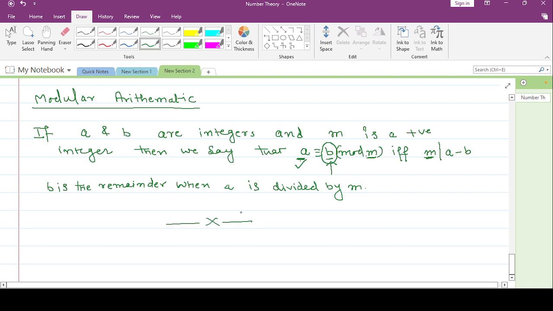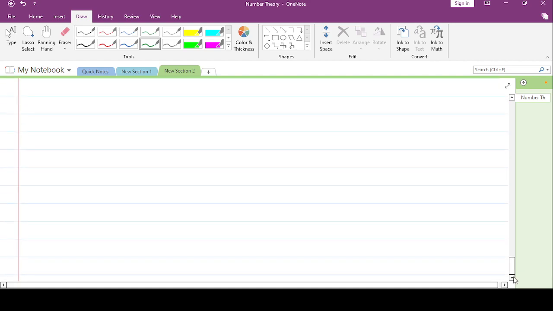Okay, so now we solve some problems based on this, and we want to check whether any given numbers are congruent or not. So for this purpose we will apply this definition.